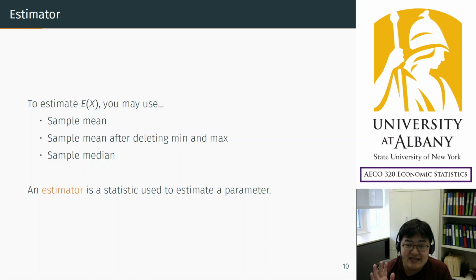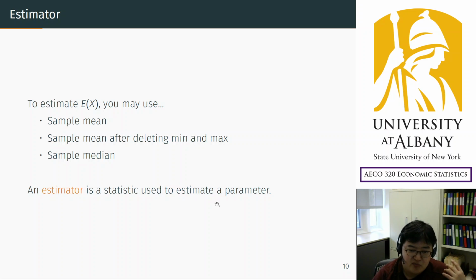It is extremely unlikely to be correct, but anyhow, I'm answering something. I did answer the question. So it is one estimator. It is a bad estimator, right? So that's how we are going to study this. An estimator is any statistic you use to estimate a parameter, right?